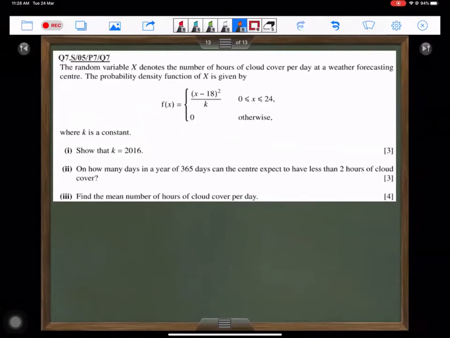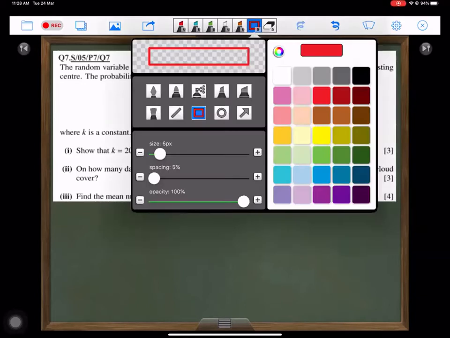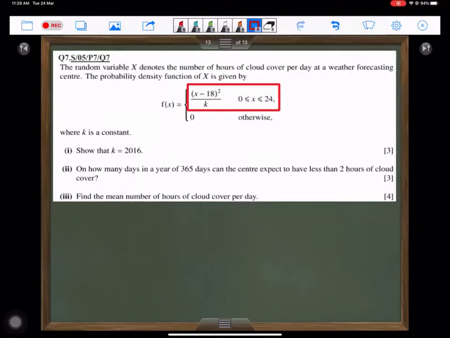The PDF is given by such and such. This is the PDF that we are working with. And then it says, show that k is 2016. That's straightforward. I'm simply writing it down. 1 over k is on the outside. Limits 0 and 24. x minus 18 whole square dx equals 1. This is a simple application of chain rule of P1.